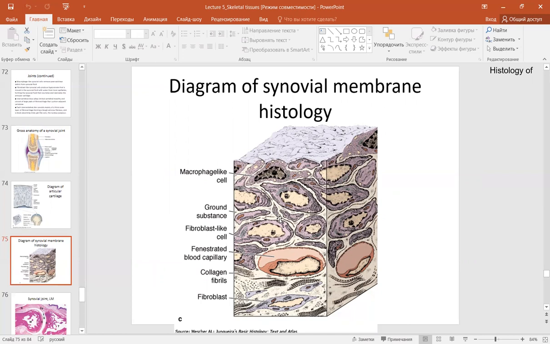Fenestrated blood capillaries produce the watery fluid filling the synovial cavity, and there are collagen fibrils and debris, and fibroblasts located within the depth of the synovial membrane.